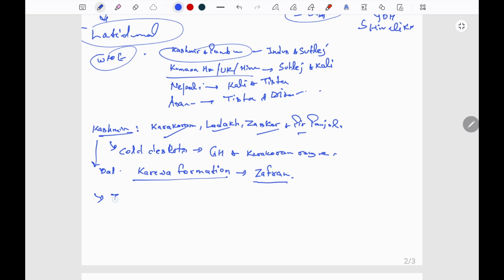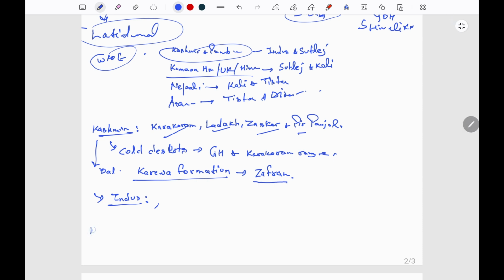Also, it is drained by the Indus and its tributaries. It also witnesses famous pilgrimages such as Vaishno Devi, Amarnath Caves, Chrar-e-Sharif, etc. Now, this is all about the Kashmir Himalayas.